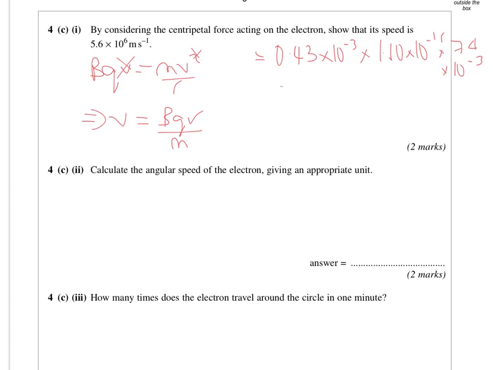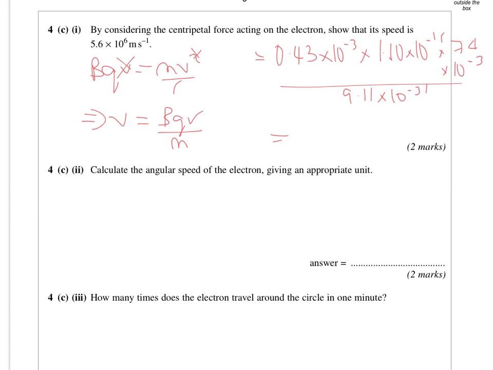Again, this is all in the data. And we're going to divide that by the mass of an electron, which is 9.11 times 10 to the minus 31. Alright, so that's 0.43 times 10 to the power of minus 3 times 1.6 times 10 to the power of minus 19 times 74 times 10 to the power of minus 3.